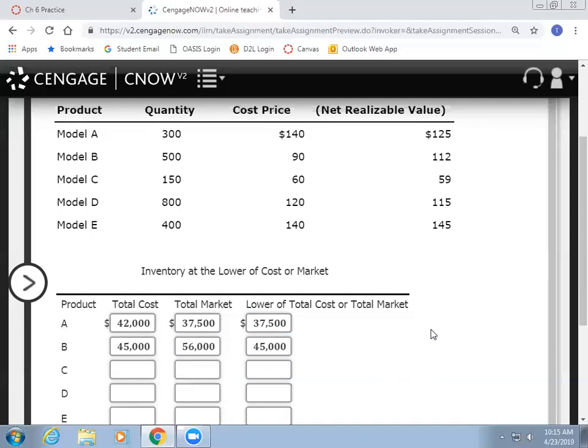Okay. Model C, 150 times 60, so what, 9,000 is our cost. 150 times 59, so the market value is 8,850. So there the market value is lower.